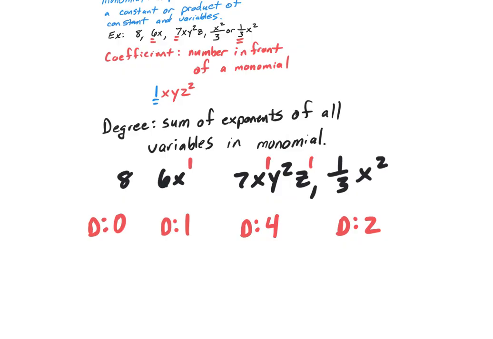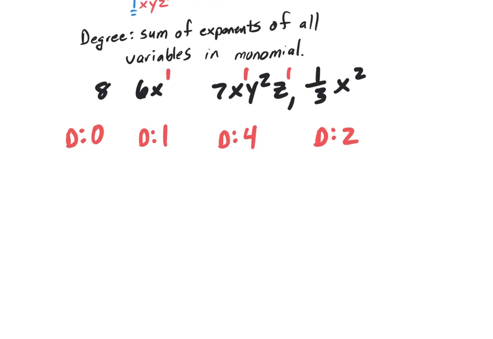And that's going to be a common thing that we're going to see when we talk about degree. And after today, most of the time when we look at a polynomial, it's not going to have multiple variables within it. It's just going to have an x most of the time, maybe different variables other than x, but x is going to be the most common variable that we're going to see throughout this chapter.